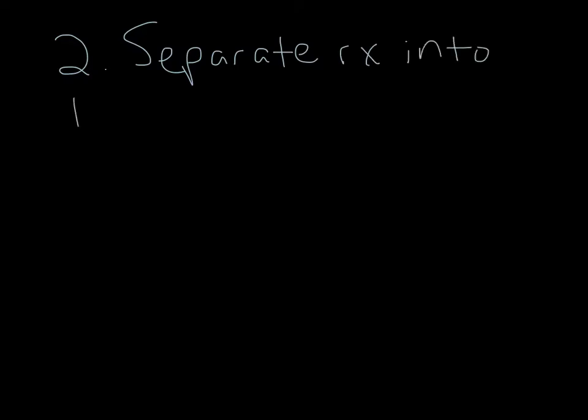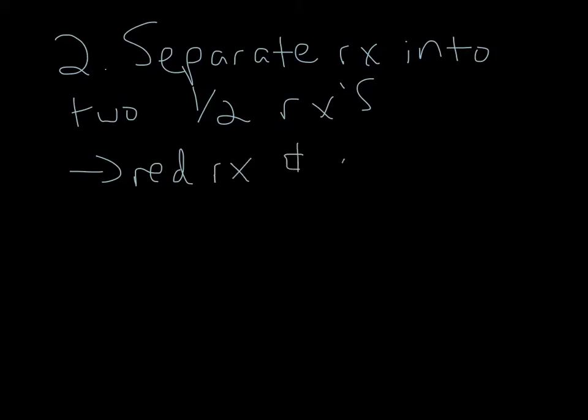So the second step then is to separate your reaction into two half reactions. And those would be our reduction reaction and our oxidation reaction. Remember that we can't have one without the other. So one species will be reduced and the other one will be oxidized.